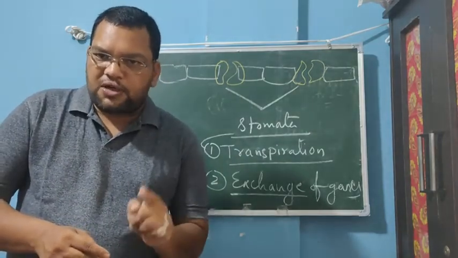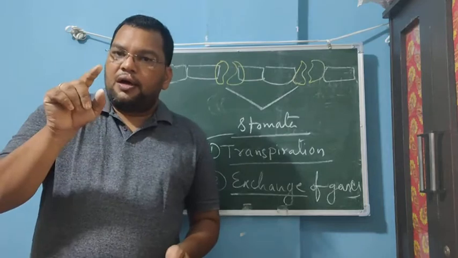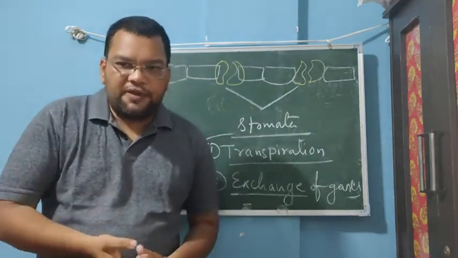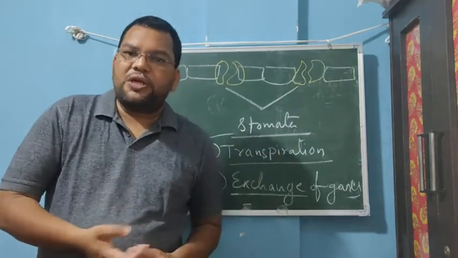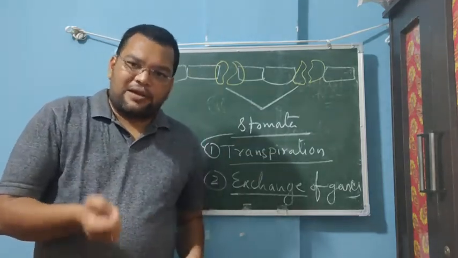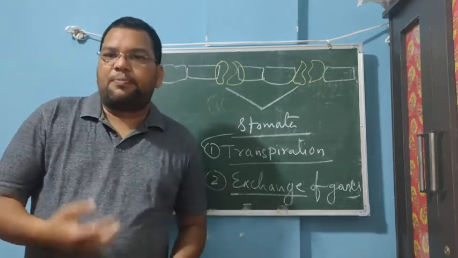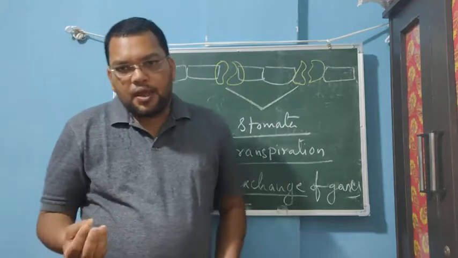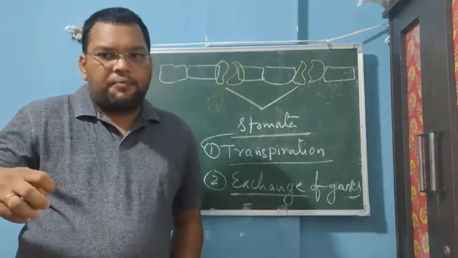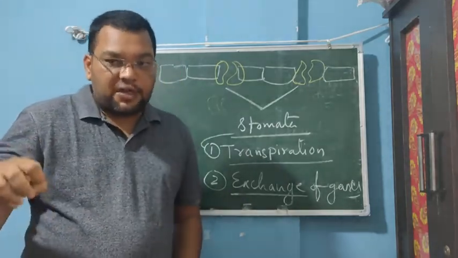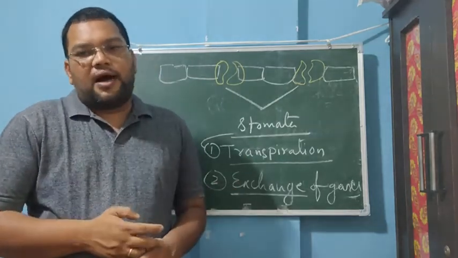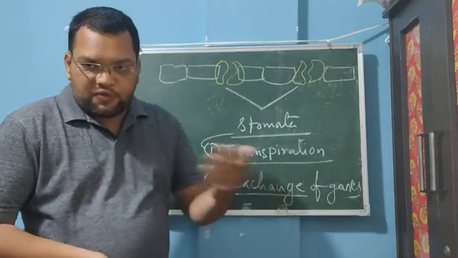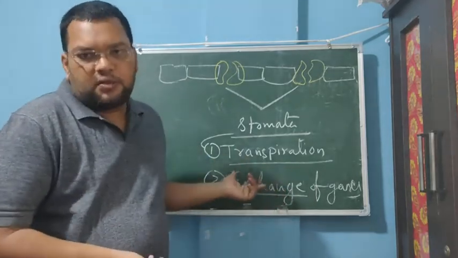If water in the form of water vapors comes out from the leaf, that process is known as transpiration, and it is very important for the plant because this phenomenon makes water available to the higher parts of the plant, to the leaves. Also, excess water should be removed by this process.